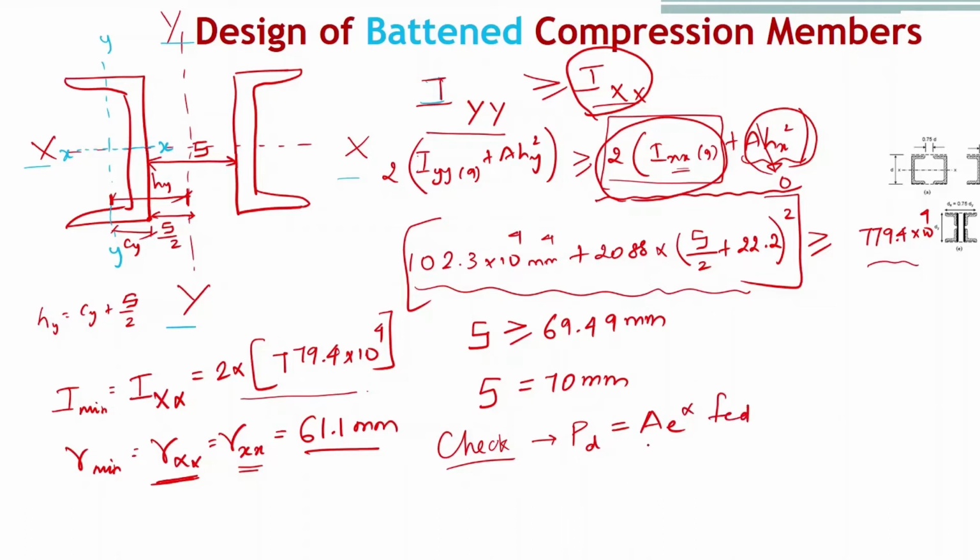We know the area because we have 2 channel sections. One channel section area is 2088 mm square. So we need to know the design compressive stress FCD. Once you know it, if you multiply with area, you will get the strength. If this strength is greater than or equal to factored load, then your column is safe.